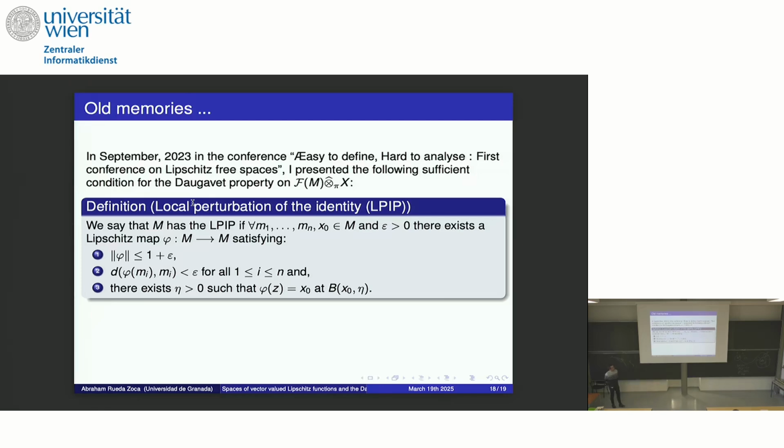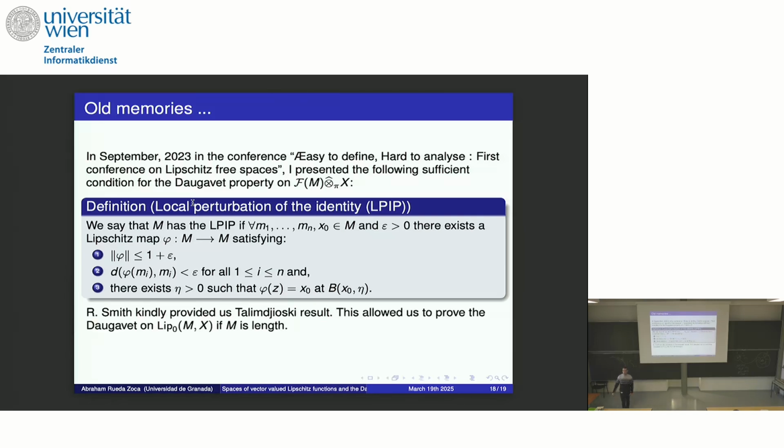And with this idea, we were able to prove the Daugavet property for F of M length and a Banach lattice X. And Richard Smith kindly let us know the result by Talinjowski. And with that, we were able to remove any condition on X, and also we were able to strengthen our theorem to get not only the Daugavet property in F of M X, but also on the space of Lipschitz functions.